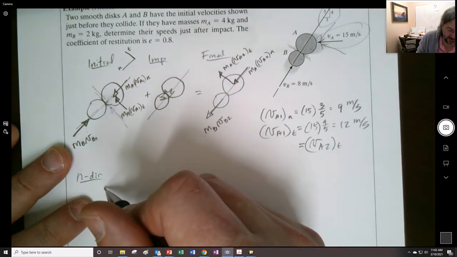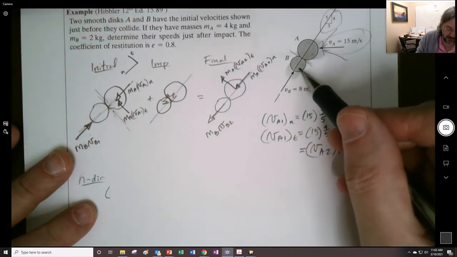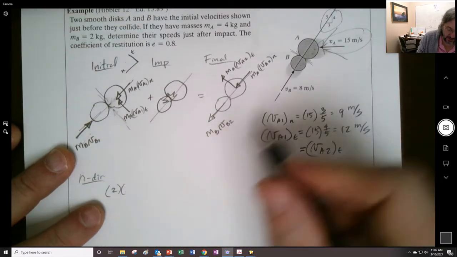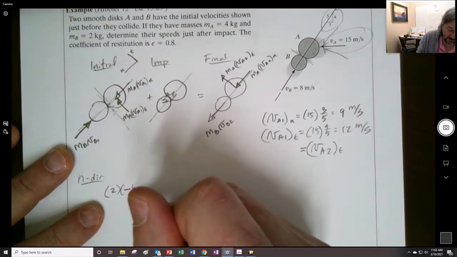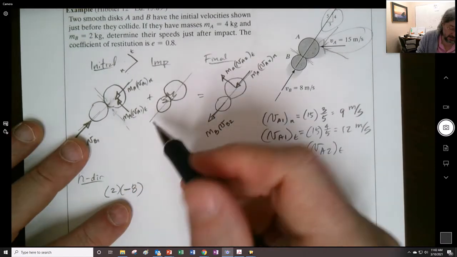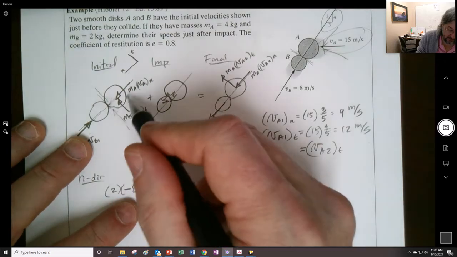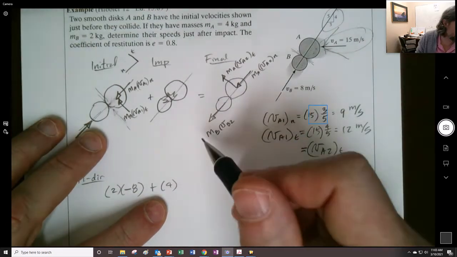So I changed where I put the minus. I'm going to put it inside here. So this guy is 2 kilograms. He's 4 kilograms. He's 2 kilograms, and he's traveling in the negative n direction as we've defined it at 8 right here. And then this guy right here is in the positive direction, and he's 4 kilograms, and he's traveling at the 9.